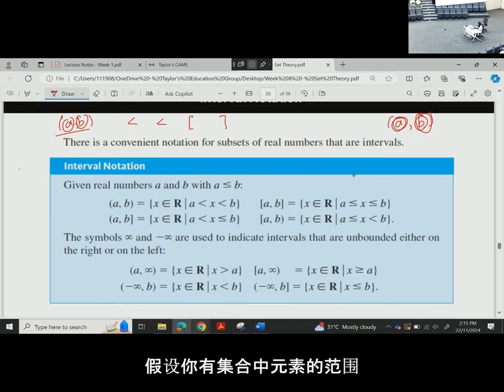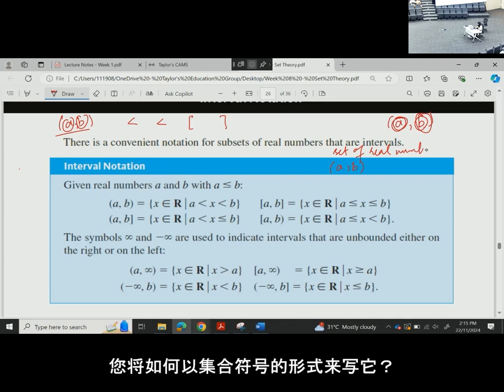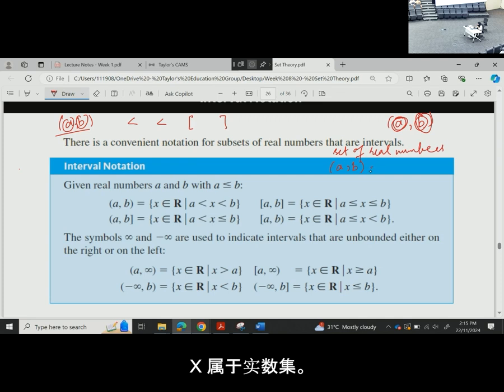Let's say you have the range of the elements in the set is this, and your domain is the set of real numbers. How will you write it in the form of set notation? X belongs to the set of real numbers.